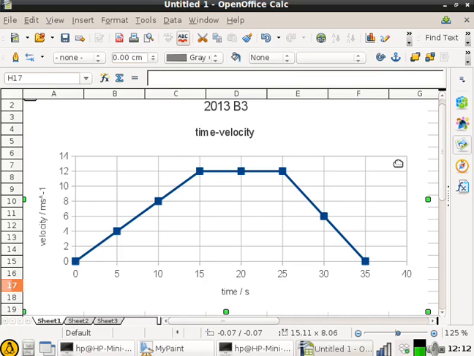Slope. So what's the velocity? It goes up to 12, and the base, 15. So 12 over 15, what's that, please? 0.80. Write down how you got the answer: acceleration on the graph is equal to the slope.